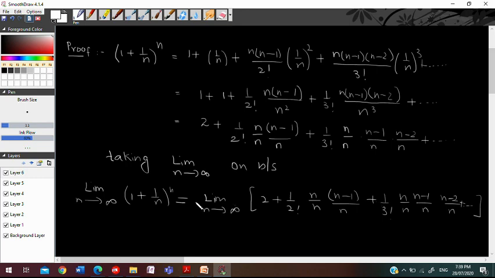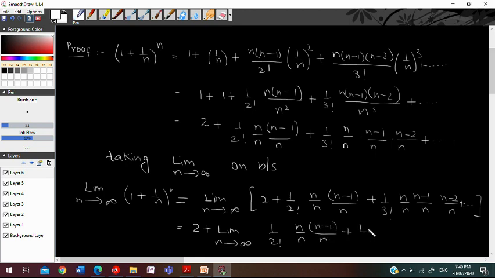And now we will apply the limit to all the terms. This one is the constant term, so no need to apply the limit on this constant term, but in the rest of the terms we have n as a variable, so we can apply the limit to all other terms. So 2 plus limit n approaches to infinity, 1 by 2 factorial, n by n, then n minus 1 by n, plus limit.